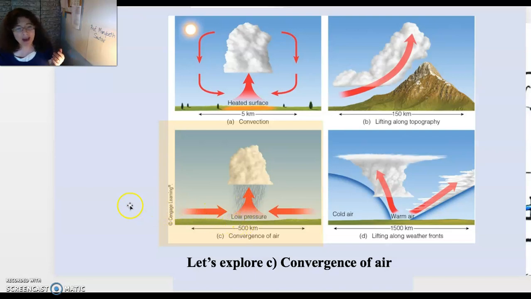You have convective parcels coming off of the warm land on the western side of Orlando and moving up in an updraft. You have convective parcels coming off the eastern side of Florida, and they are moving in because they are being pushed by sea breezes from both the Gulf of Mexico on the west side and from the Atlantic on the east side.